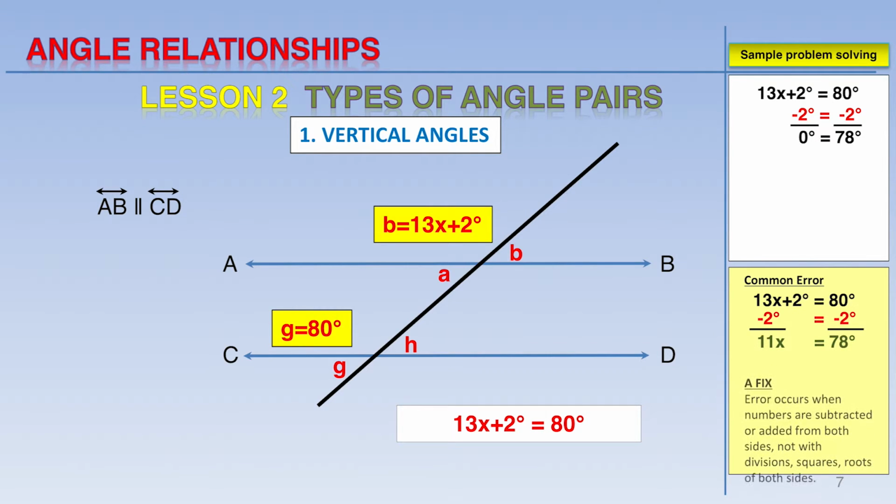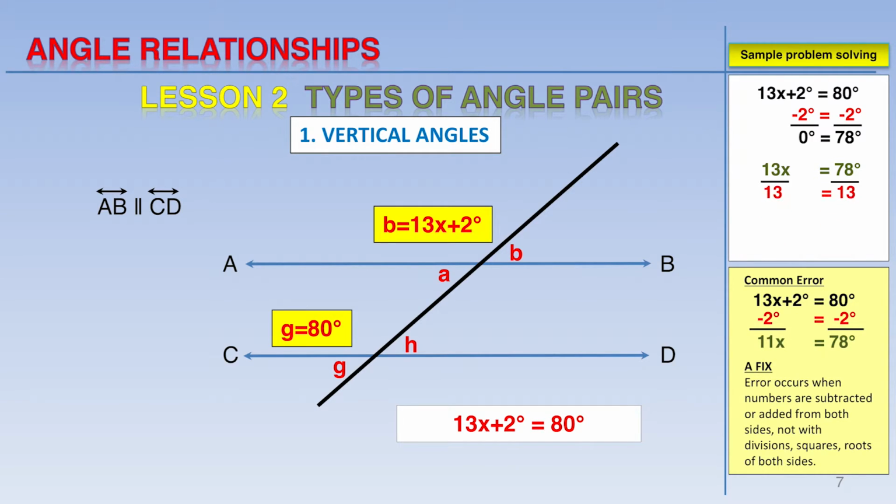You can see that these usually happen when there's subtraction or addition being done on both sides of the equation. They tend not to occur as often with multiplication, divisions, roots and squares, and those kinds of operations. The proper answer to this mid-step is 13x equals 78 degrees. Divide both sides by 13, and you get the proper answer: x equals 6 degrees.